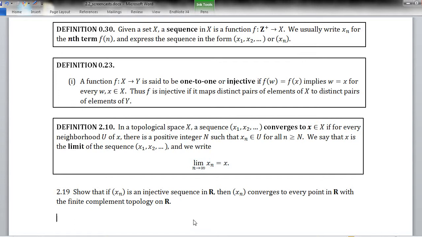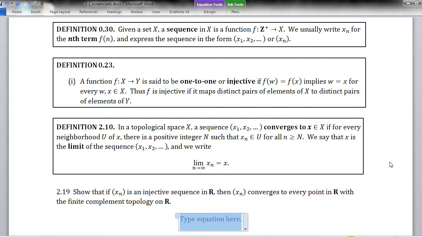Now, as we noted in this exercise, we're supposed to assume we have an injective sequence, and we want to show that it converges to every point in R in this topology, which is kind of bizarre, but we'll see how it works out. So what's an injective sequence? I want to take what's up here but write it in this nicer sequence notation.